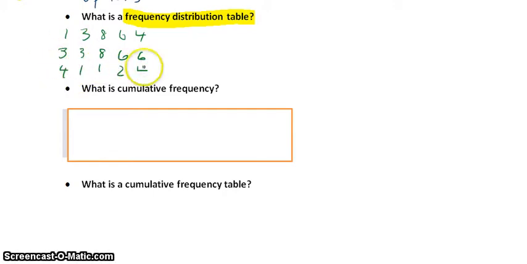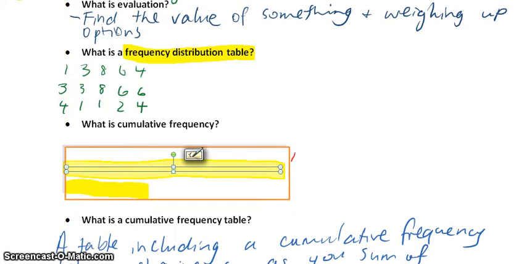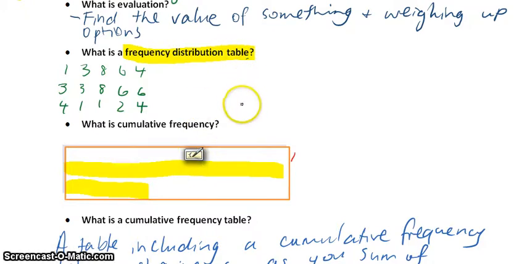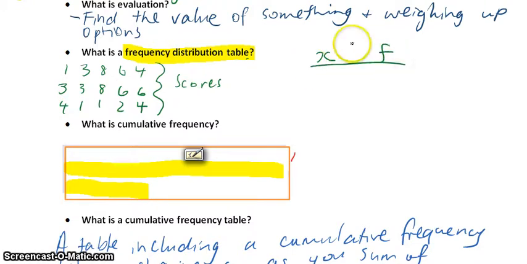I want to create a frequency distribution table of these numbers. These are called scores, and scores are just pieces of data. A frequency distribution has its scores, which we represent by x, and frequency. Sometimes it has a tally too, but at this level we don't really need to worry about that, though you will still see it from time to time.